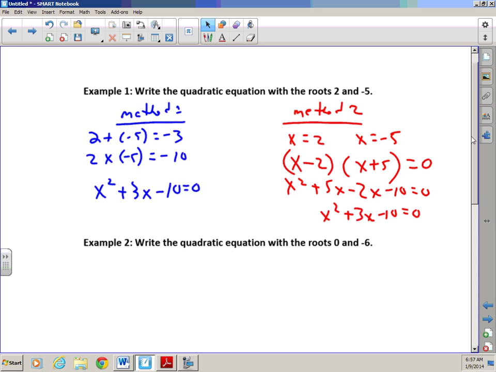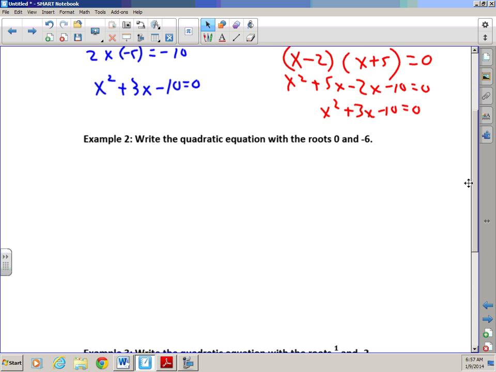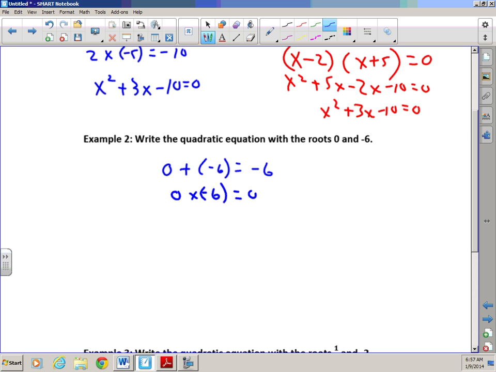Okay? Write the quadratic equation given the roots 0 and negative 6. I'm just going to use method 1. I'm going to interchange using these methods. So, if this is the case, that means my C is 0, and that's how I get my answer.